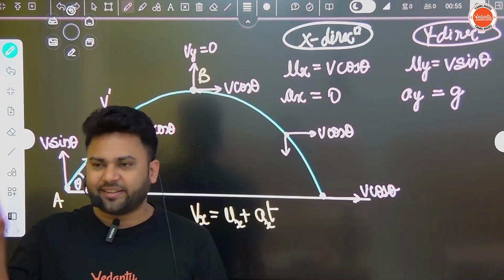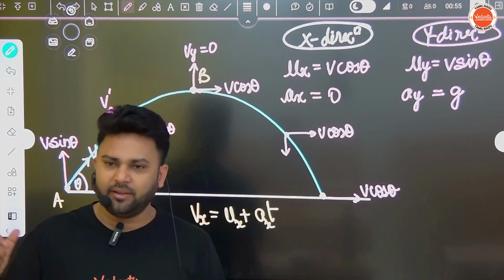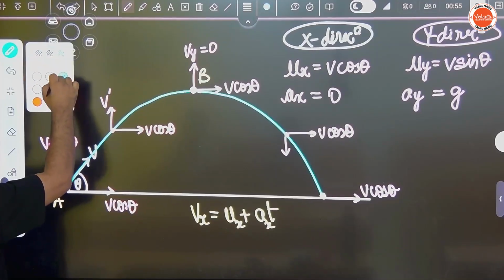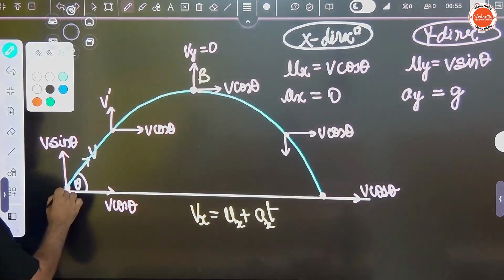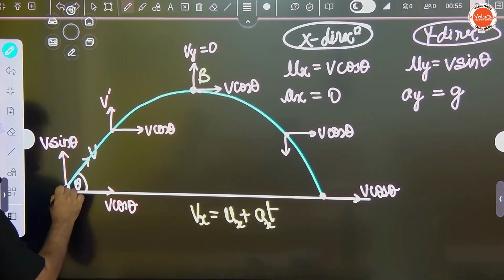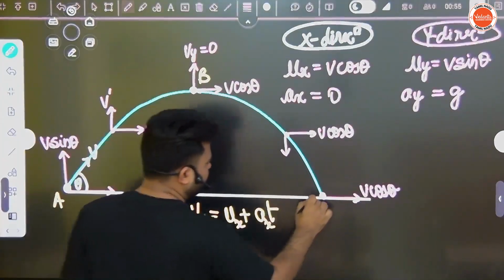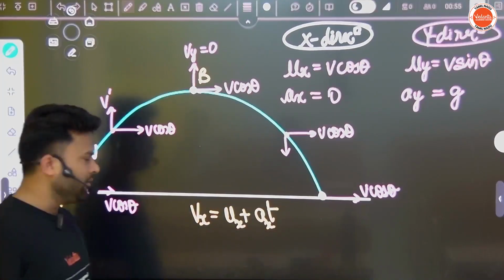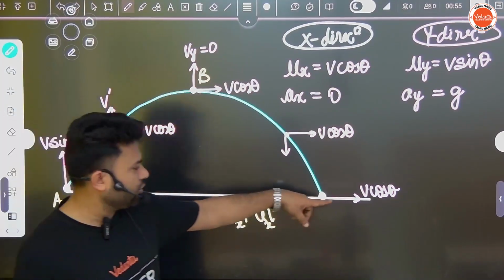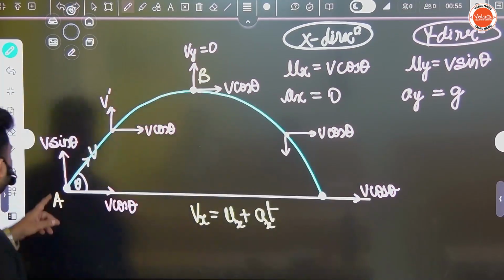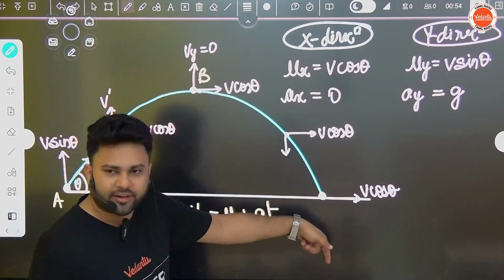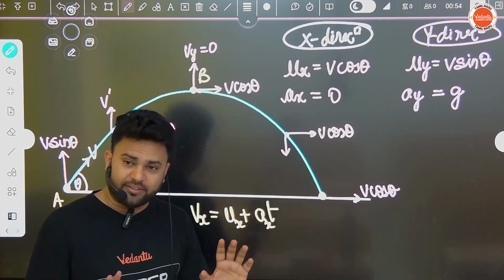If the object is at the same level, its speed will be the same. Whatever is the speed of the ball here, same level means here also same speed. So v cos theta here also v cos theta. In the upward direction v sin theta, here the only difference is downward direction v sin theta, but the value will be the same.